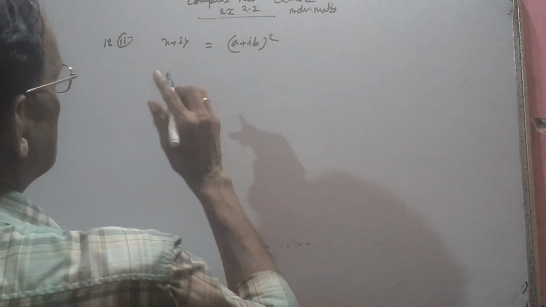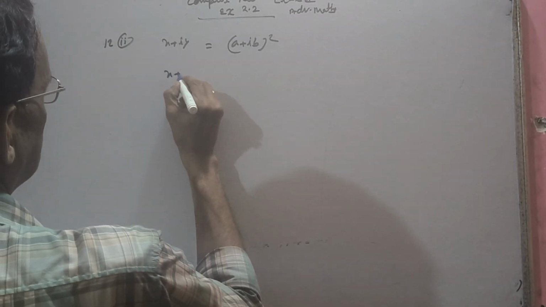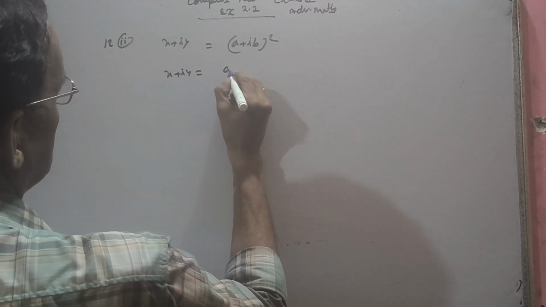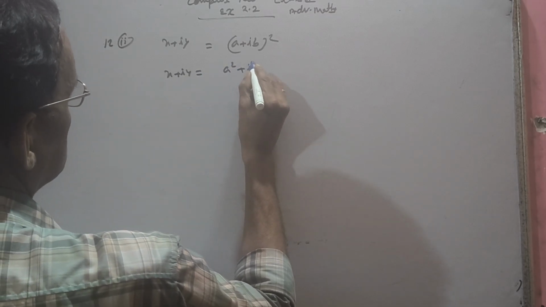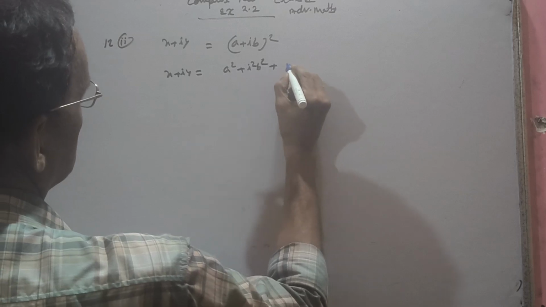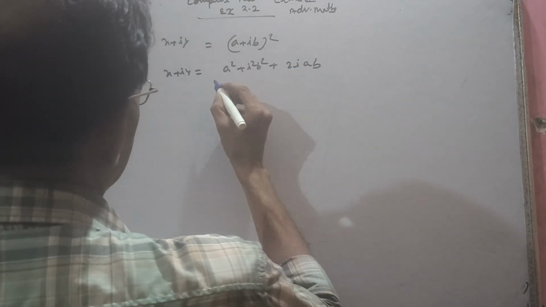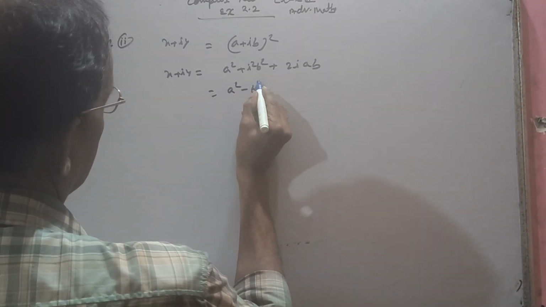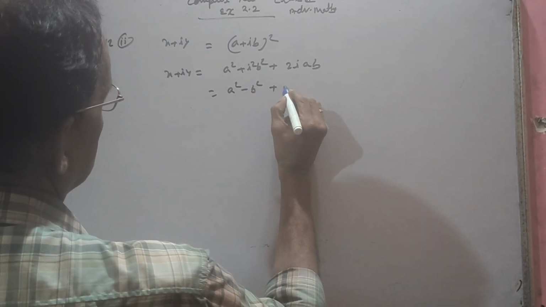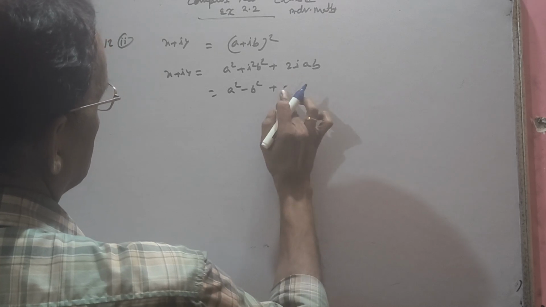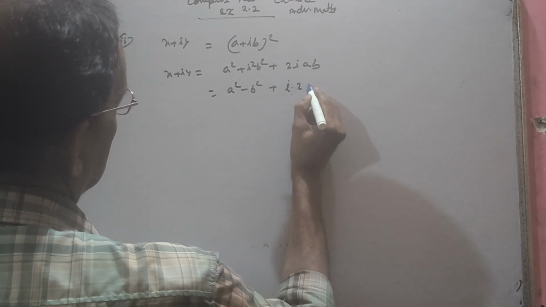So do it. Here what we will get? x plus iy equals a square plus i square b square plus twice iab, which is equal to a square minus b square plus twice i, or you can write i into twice ab.